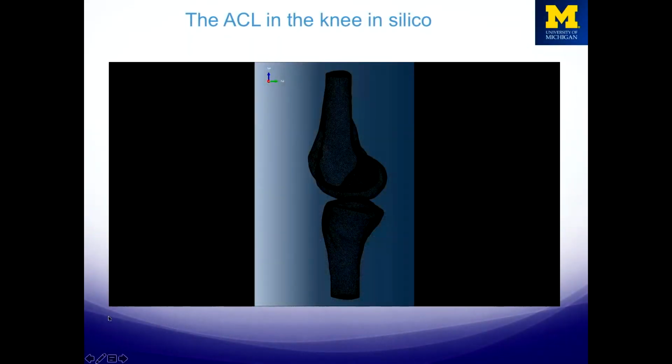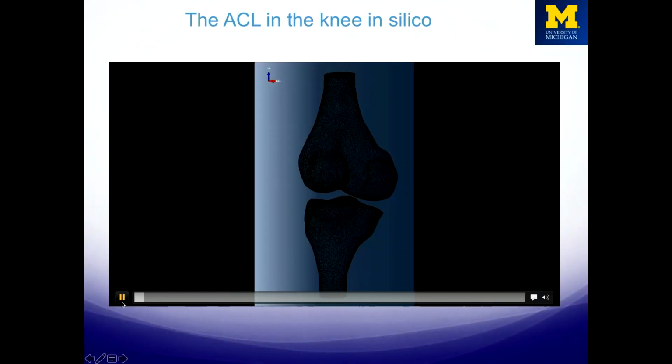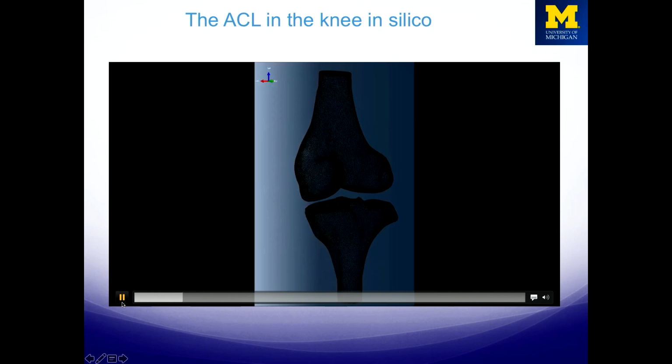Okay, and so we've done some work in which we've done impact events on this and gait analysis, and started looking at how important it is that we have linearity or nonlinearity in the ACL. How important is it that the cartilage is modeled as linear versus nonlinear and homogeneous versus heterogeneous?